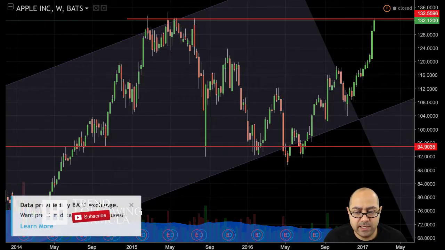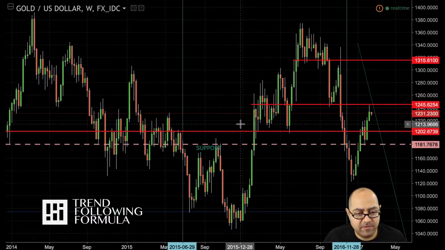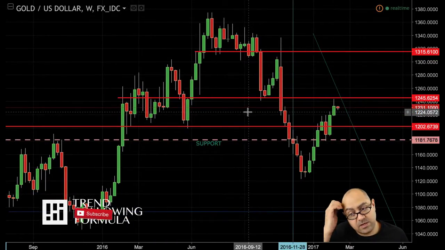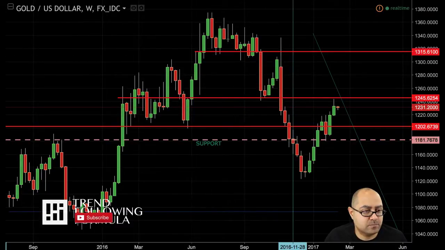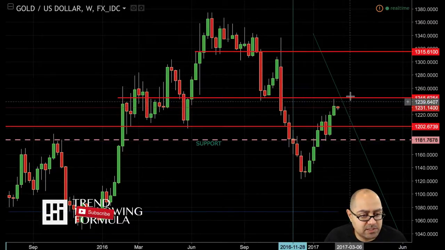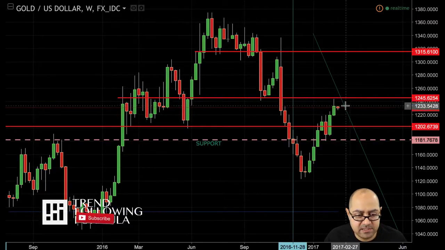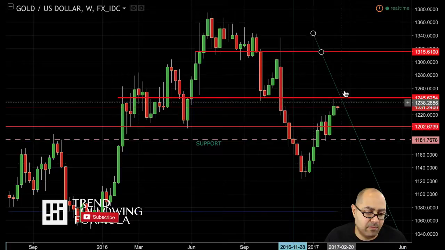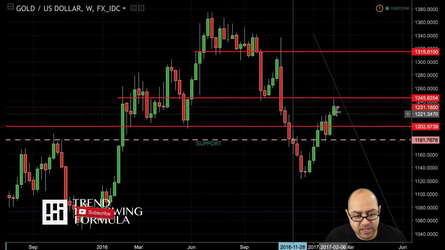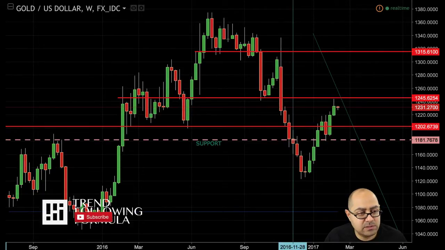Gold is actually very interesting as well. As we see on that weekly chart, the market is moving up in a strong fashion. There is no reversal evidence. That's a bunch of higher highs and higher lows, very strong weeks moving forward.